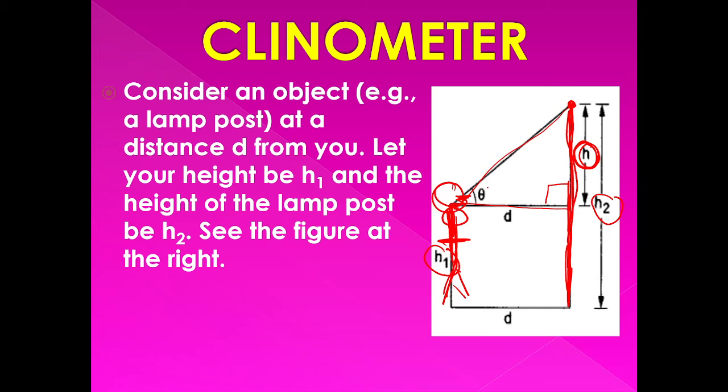I already know this distance. The distance D here is the distance from the base of the pole to where the person is standing. So what we need is this: you must know the height from your eyes down. That's height 1. You also measure the distance from the thing you are measuring to where you are going to use the clinometer.